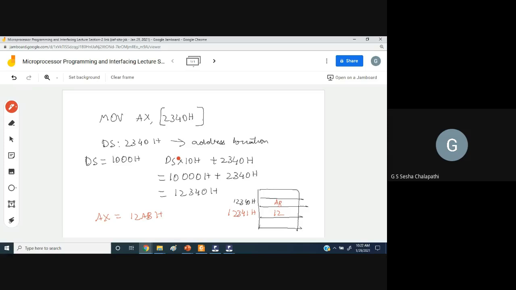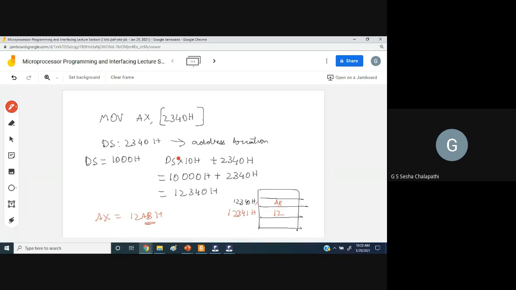That means whatever is at the lower address goes to the lower location.